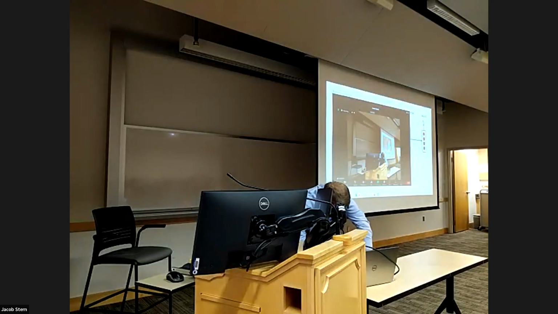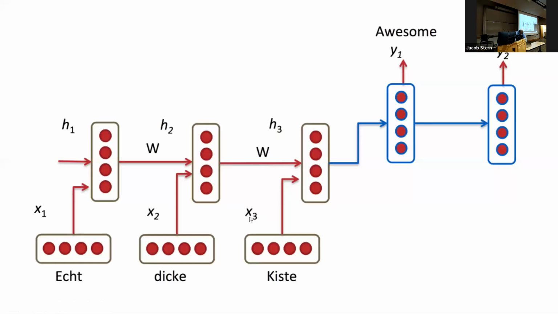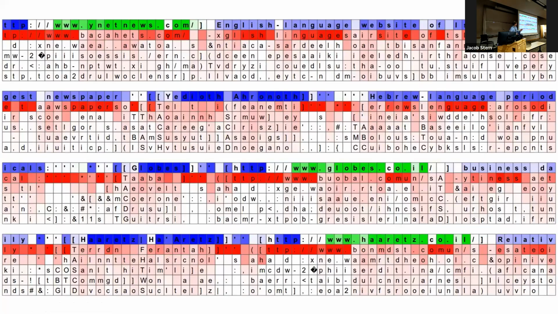We'll stop the whiteboard. Go back to our PowerPoint. Okay, so here is an example of predictions from an RNN trained on URLs.